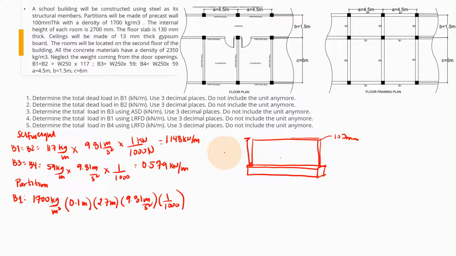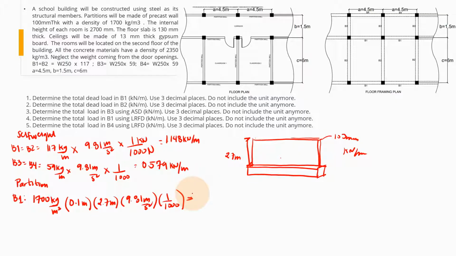So we assume that the internal height, given as 2.7 meters, is also the height of our wall. So 2.7 meters. How do we get the uniform distributed load in kilonewton per meter? We just multiply the density of our precast wall by the thickness and then the height, to get the uniform distributed load that applies to our beam.